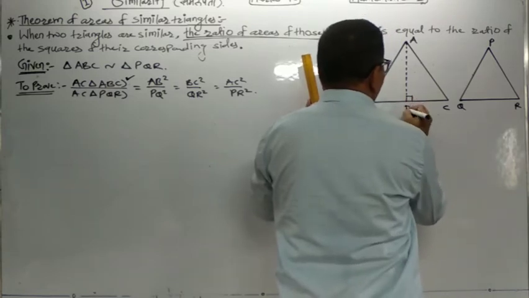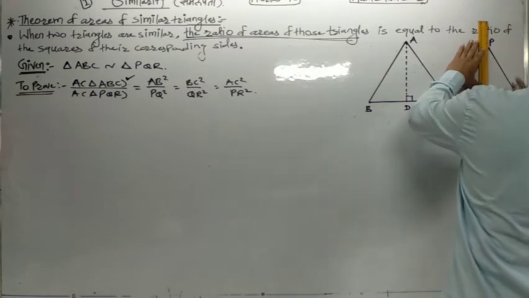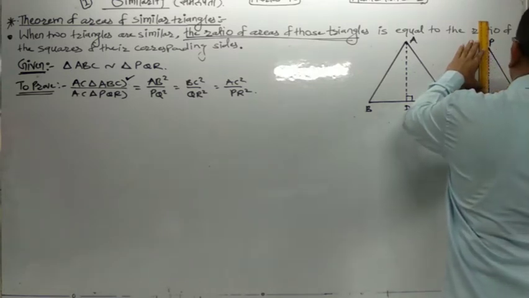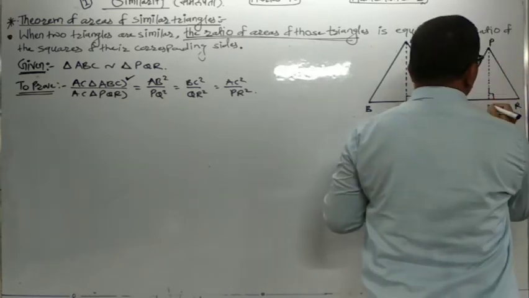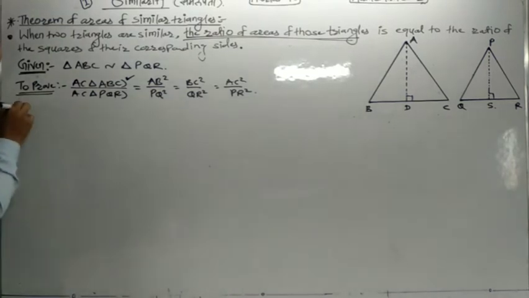AD is the height. Say AD is perpendicular to side BC and say PS is perpendicular to side QR. Right. Construction.